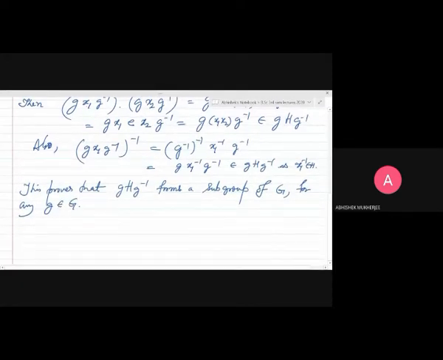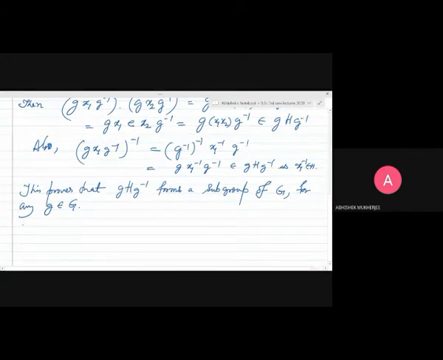So taking any element from the group, you can associate a subgroup of G out of any subgroup of G, right? So suppose you have a subgroup H, and then for any element G, G H G inverse is going to be a subgroup of G, right?